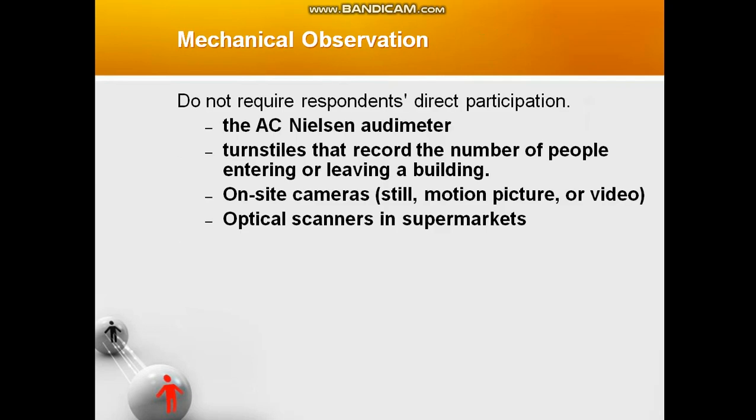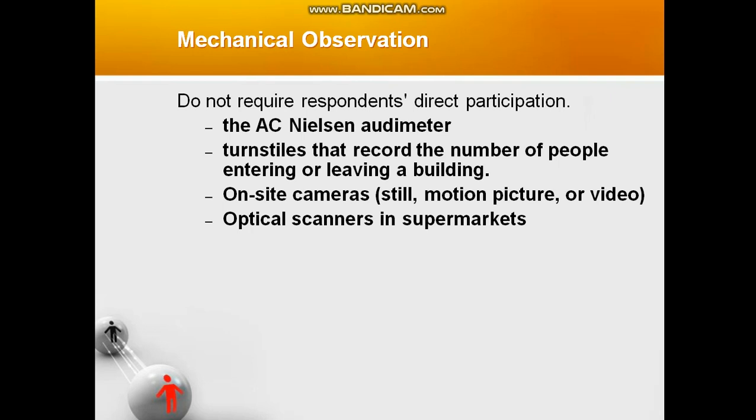Mechanical observation does not require respondents' direct participation. The example of mechanical observation means the AC Nielsen audimeter or the turnstiles that record the number of people entering or leaving a building.